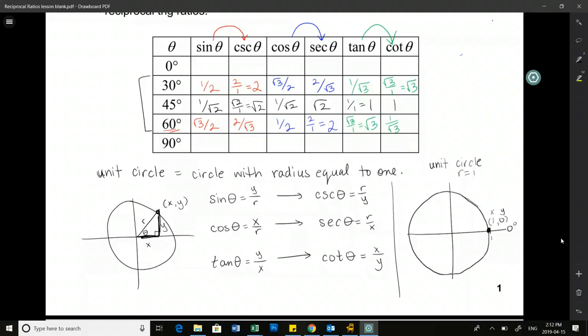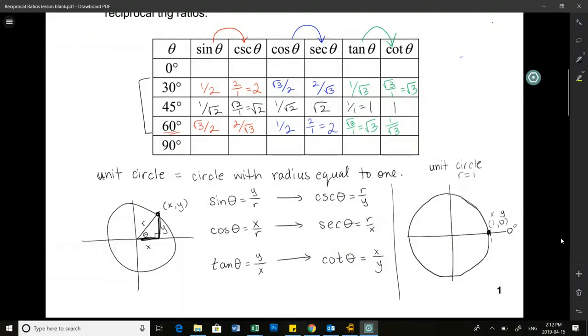So if I'm trying to find the sine of 0, I am doing y over r. Well, at the point where rotation is 0, what is y? What did we say at this point right here? 0, and radius is 1. And so for the sine of 0, we get that it's actually equal to 0.